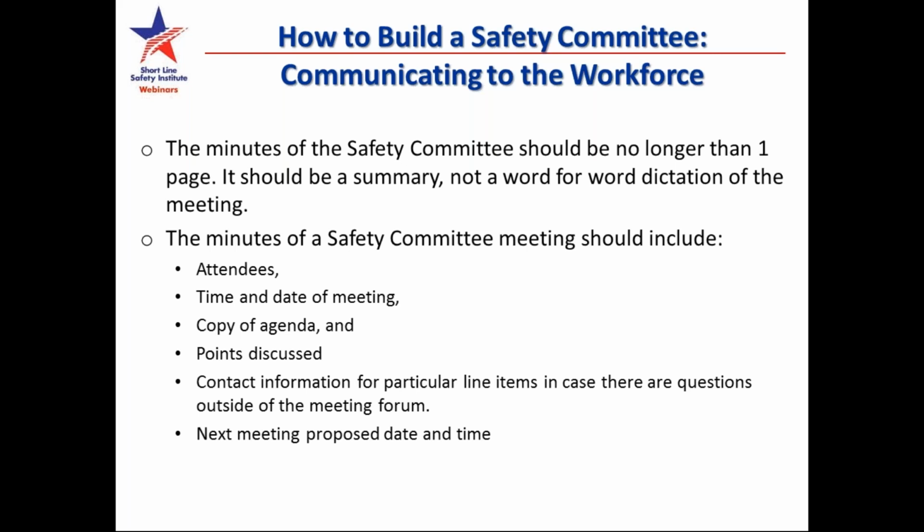We have seen railroads in the past where they had safety committees that have bylaws that said that all the minutes would be posted on bulletin boards. But you go to the bulletin boards and you can't find minutes for the last 3 or 4 months. That is counterproductive at a very high level.